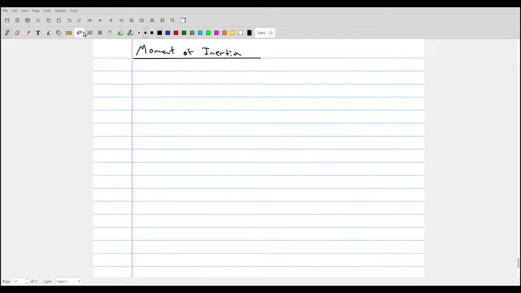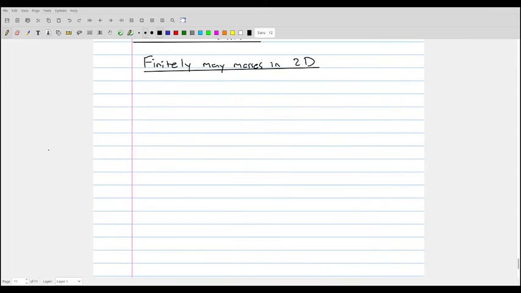And again, what we do is we say that we'll consider the case of finitely many masses in 2D, and then apply that to our continuous lamina.